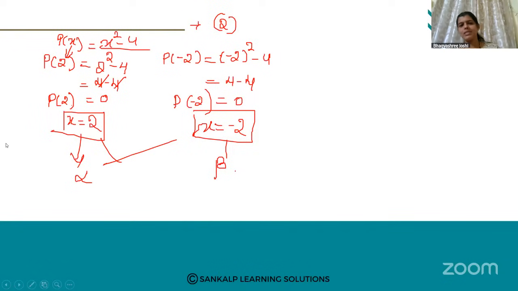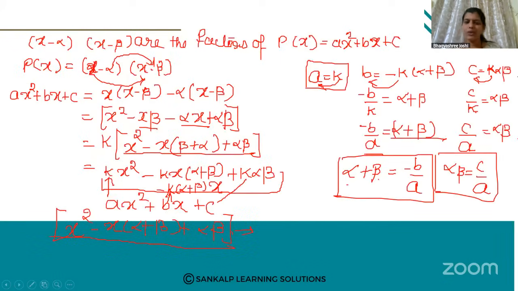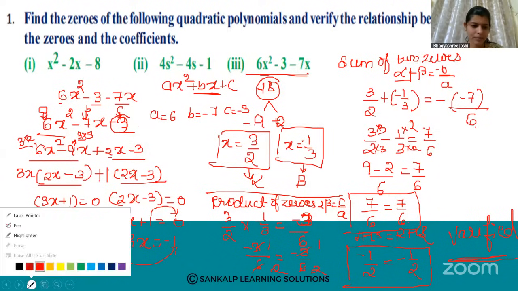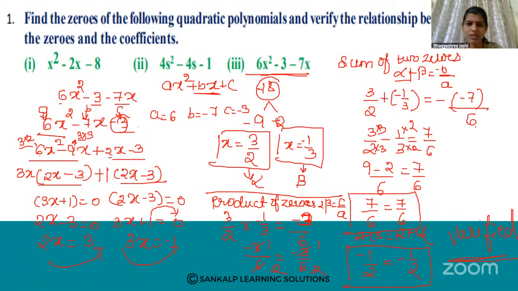Yes, my dear students, yesterday I gave you one homework: 4s square minus 4s minus 1. This was the homework, right? What zeros do we get here?